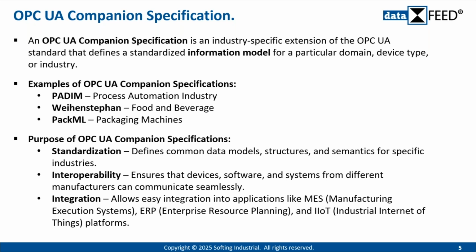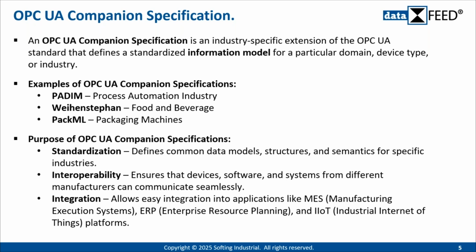For example, PADIM is for process automation, Weihenstephan is for food and beverage, PackML is for packaging machines. There exist a lot more, roughly more than 100 companion specifications currently listed on the OPC Foundation webpage. But in addition, bigger companies can also create their own companion specifications.